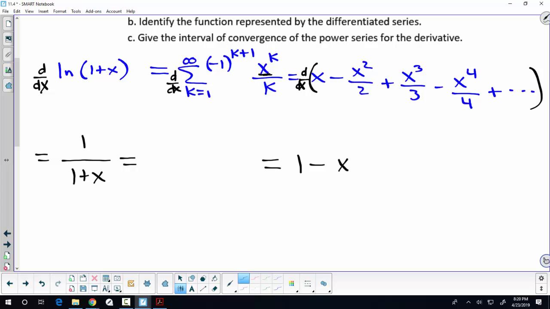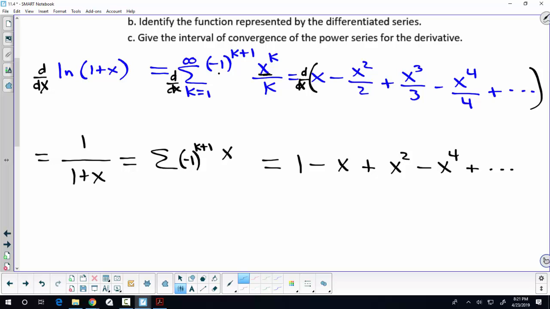So that's just x, plus x squared, minus x to the 4th. So that's our alternating geometric series. Notice the negative 1 to the k plus 1 is going to stay, because that doesn't involve an x. We're differentiating with respect to x, so that negative 1 to the k plus 1 stays.